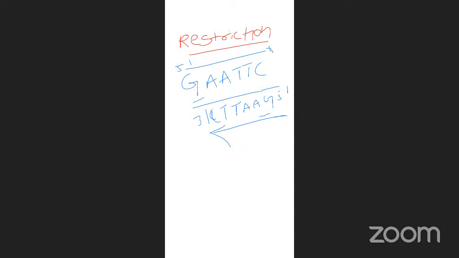These restriction enzymes are found in bacteria or archaebacteria. Their main function is to provide a defense mechanism against invading viruses. For example, this is a bacterium. Already the bacterium has restriction enzymes, RE.